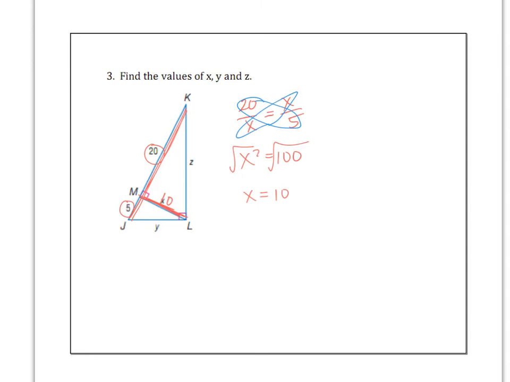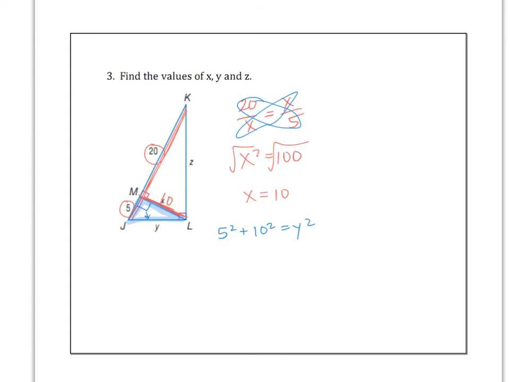Now that we know x, we have enough information to find y. Look at this blue triangle that I'm outlining down here at the bottom. Do you see how I have a 5, a 10, and a y? Well, we can do Pythagorean theorem now because this is going to be a right triangle, or a right angle. So we can do 5 squared plus 10 squared equals y squared.